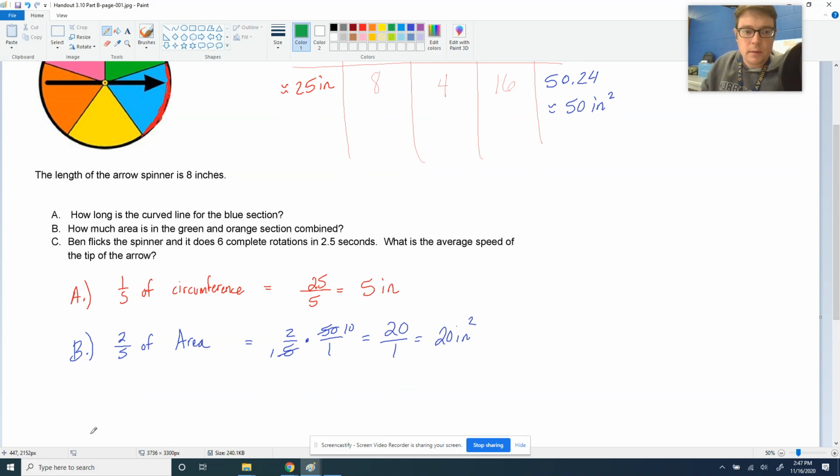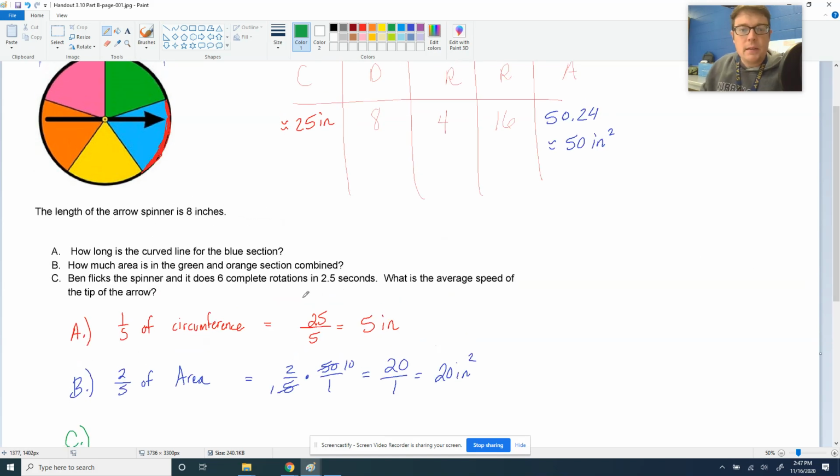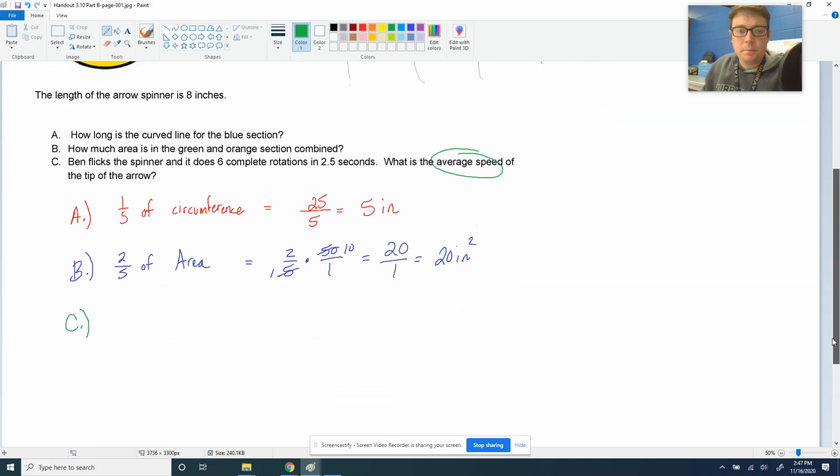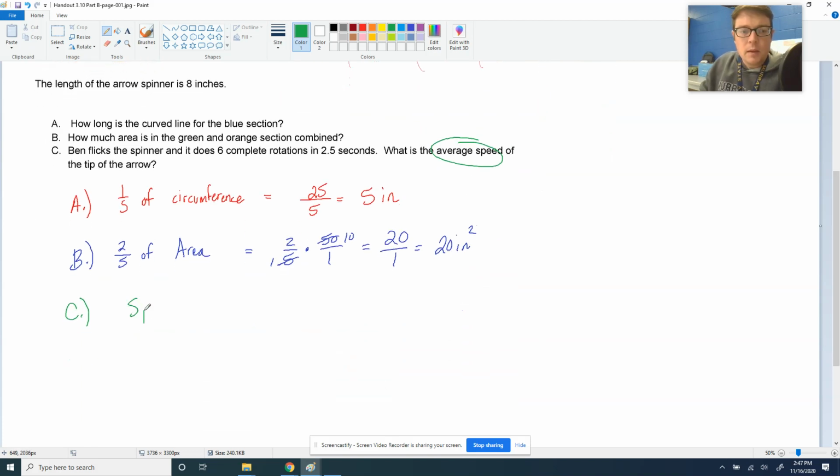And then lastly, part C. Ben flicks the spinner. He's spinning it, and it does 6 complete rotations in 2.5 seconds. What is the average speed of the tip of the arrow? Okay, so to find speed, average speed is your distance divided by the amount of time that it takes to get there.